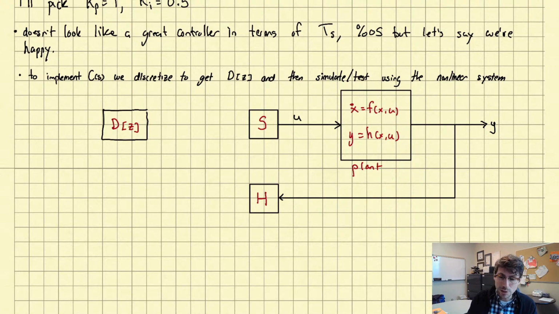What the controller produces is delta U, the difference between the control signal at equilibrium and the actual control signal U. So what we need to do is we need to bias what's coming out of this block to get U. And so what we want to do is we want to add U bar.